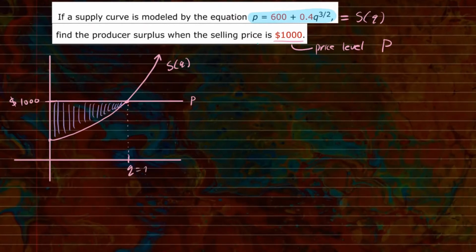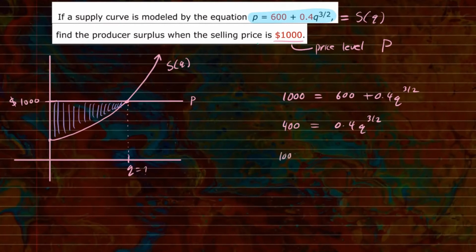So let's go ahead and do that. We'll set $1,000 equal to 600 plus 0.4 Q to the power 3/2. You set this equal to 1,000 because you're looking for the number of units you need to sell. Solving it algebraically, I'm going to subtract 600. You have 400 is equal to 0.4 Q to the power 3/2. Then divide both sides by 0.4.